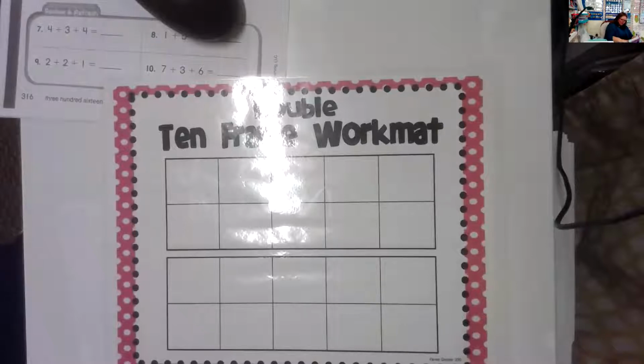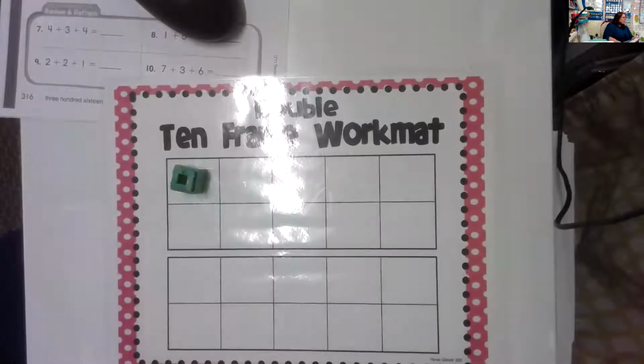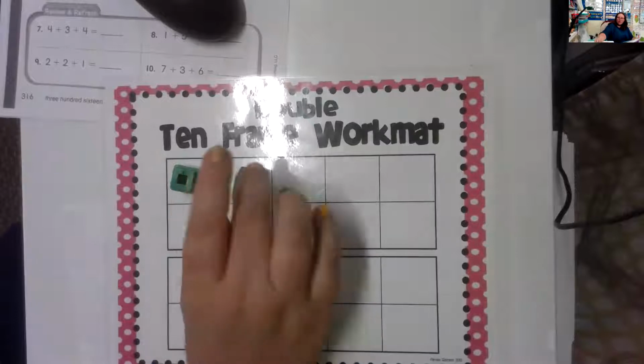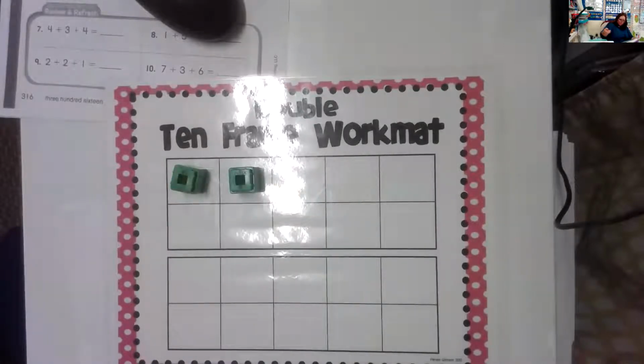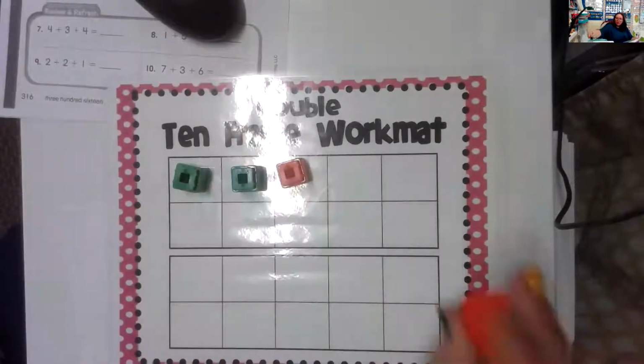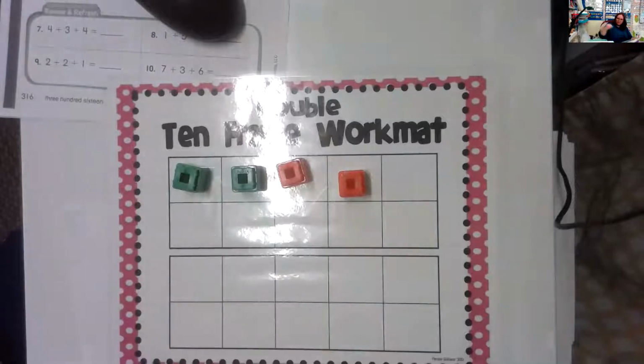And I have some linking cubes this time. How many do we have? 1, 2, 4, 5. Have I put another one down yet? 6.